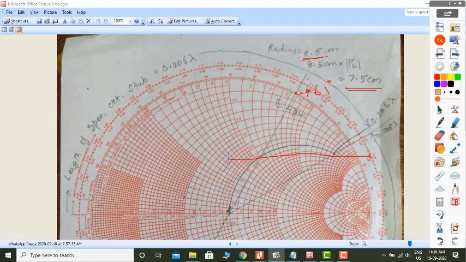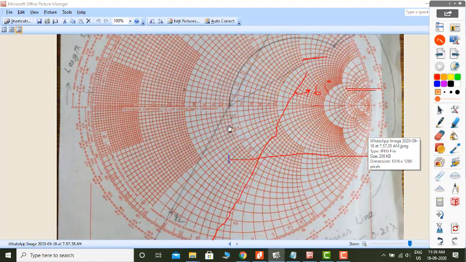Now draw a straight line from the center of the Smith chart passing through 61 degree. You draw a straight line, and also extend the straight line in the opposite direction.